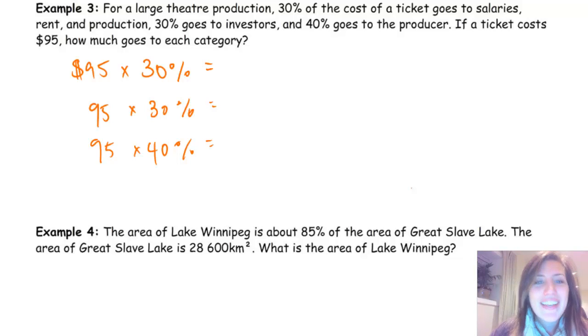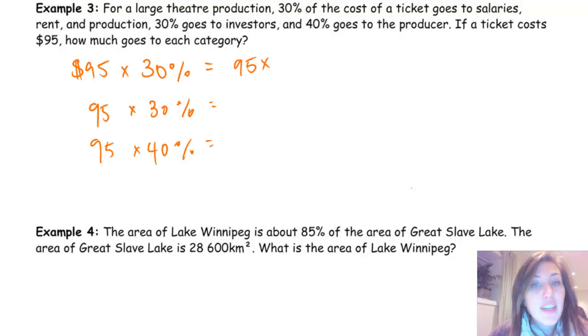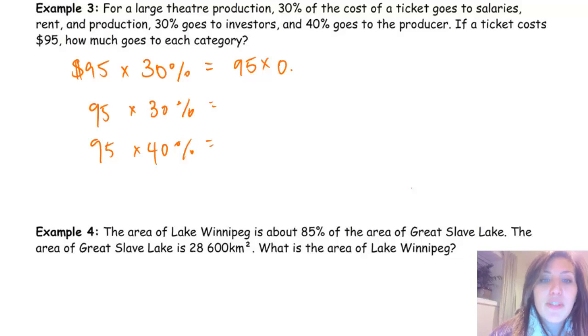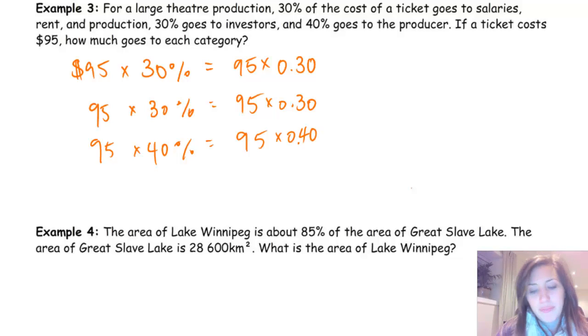Okay, so $95 times 30%. 30% can also be described as a decimal, 0.30, or you could just say 0.3. And here, 95 times 0.3, and 95 times 0.40, or 0.4, either one.